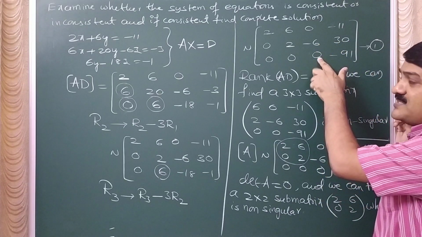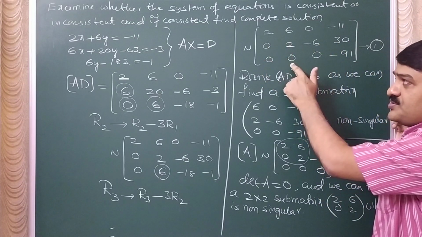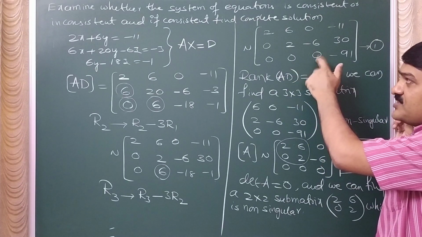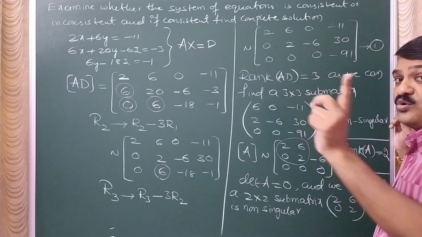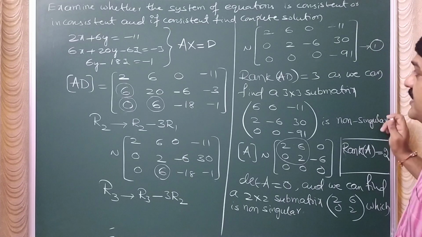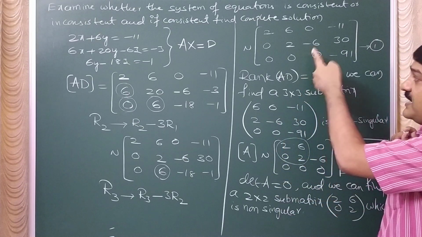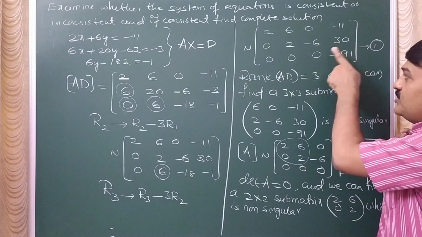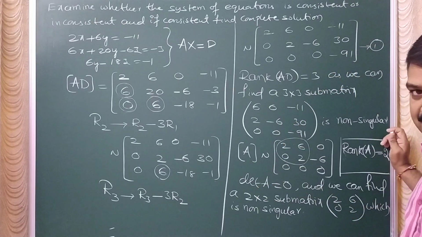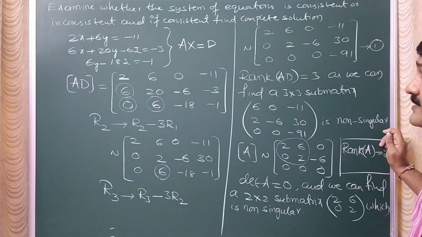If this element is non-zero after getting zeros, you will always get a unique solution. If this element is 0 and the next element is non-zero, you will always get no solution, meaning inconsistent.